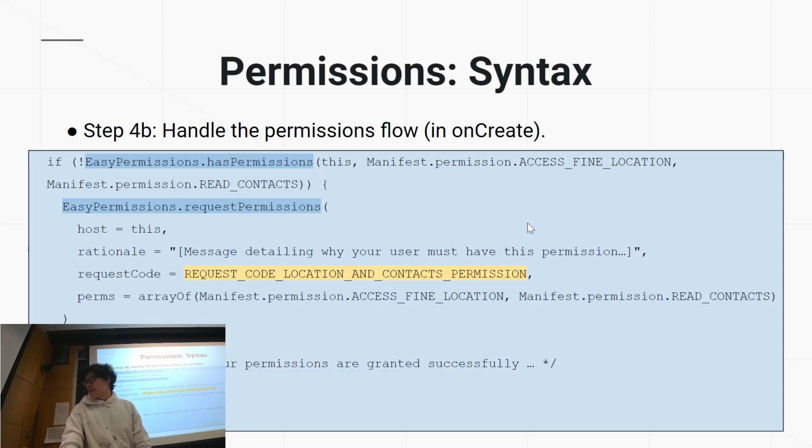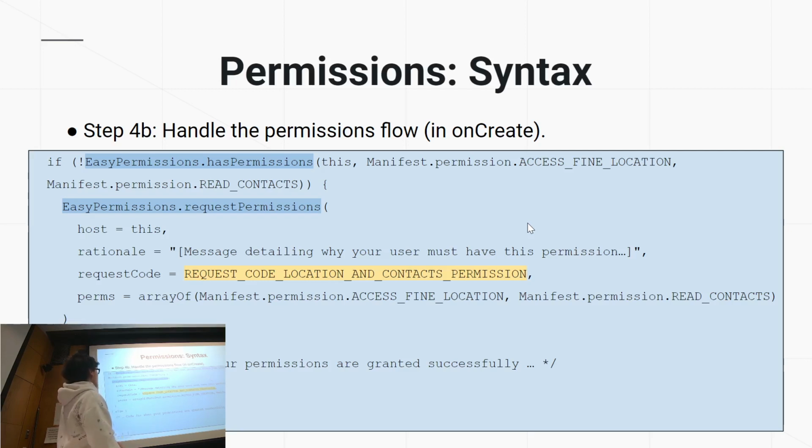And this is an example of requesting permissions in the onCreate. Here we have this EasyPermissions library that we're using, and this is all code that you should just copy paste. You don't have to memorize it, other than how you want to use it.